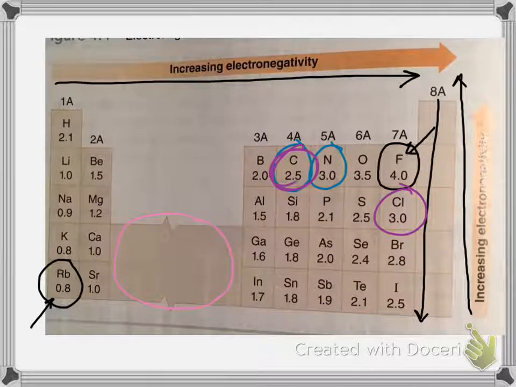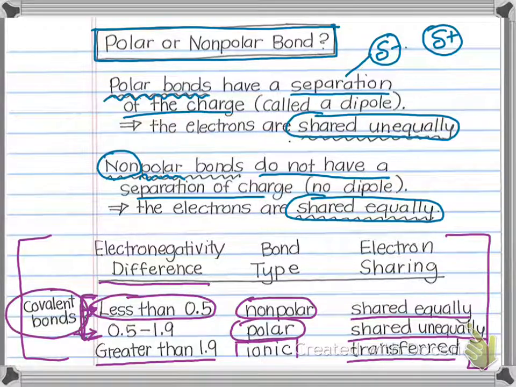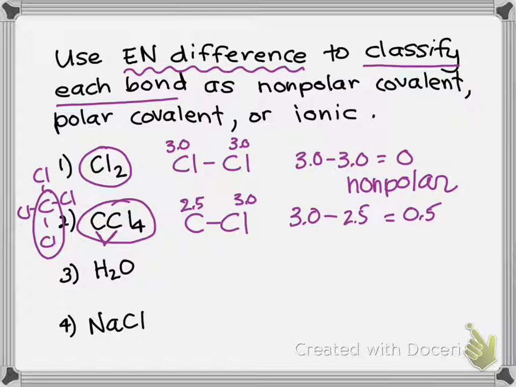Carbon is, right here, 2.5. It's always a positive difference, so whichever one is bigger. So I subtract the two, it's 0.5. Looking here, if you're between 0.5 and 1.9, you're considered polar. So this is a polar bond.